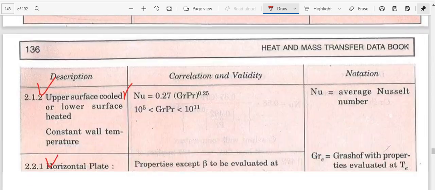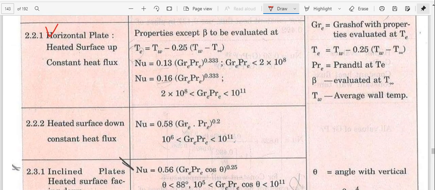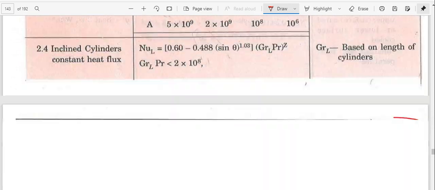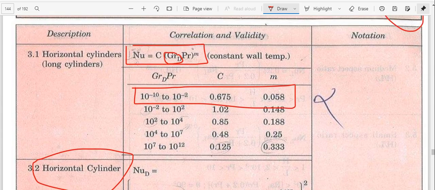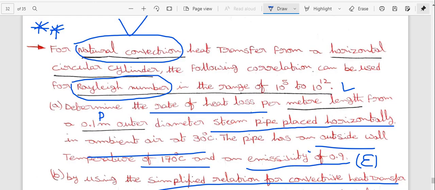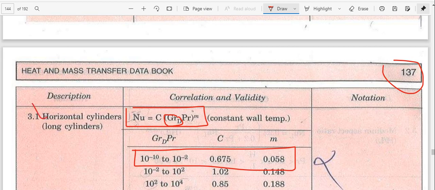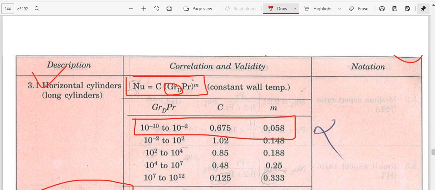Where is the horizontal? These are the horizontal plate, inclined plates, horizontal cylinder, long cylinder and horizontal cylinder. So here this is the horizontal circular cylinder.